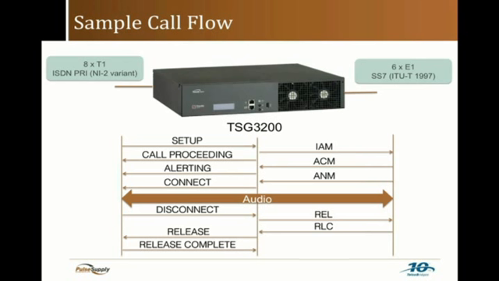And the signaling converter, this device, the TSG3200, is involved in converting or adapting one message on one side to another message on the other side. So we see in this example that an ISDN setup message gets translated to an initial address message on the SS7 side, or IAM for short.